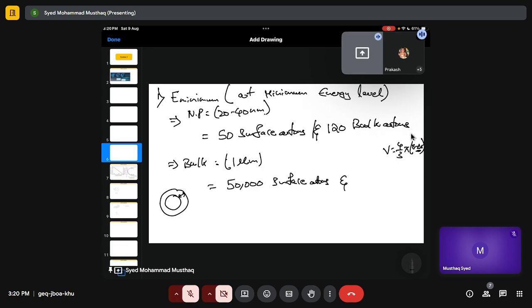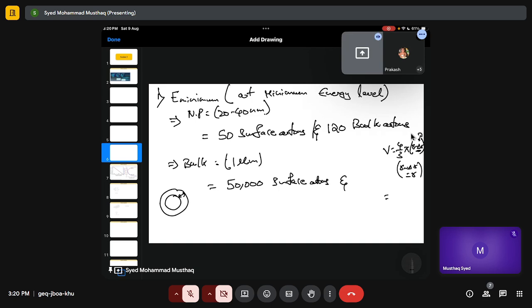Which is very less because it is only one layer of atoms, right? So let's remove that one layer of atoms, and you can easily write r minus delta r equals r for a larger radius, right? You cannot write that for a nanoparticle because r itself is very small, so delta r will also be very small, right? They are both comparable.